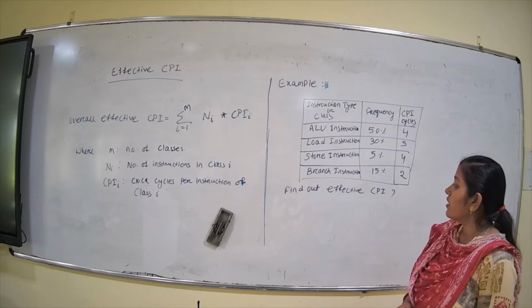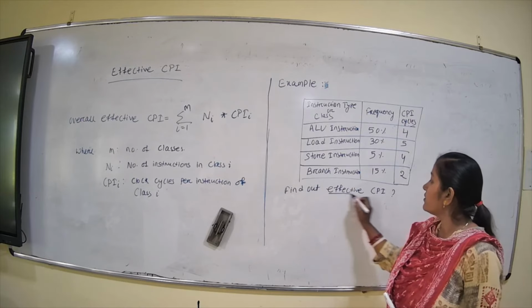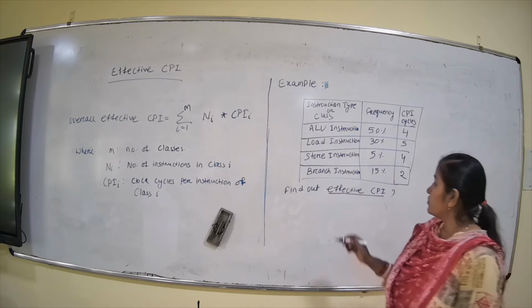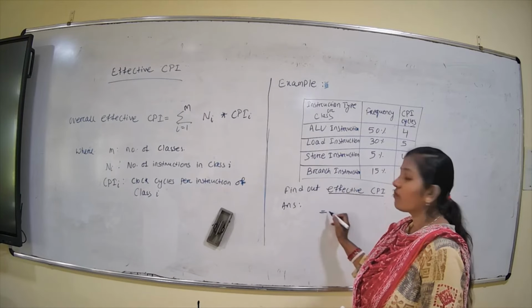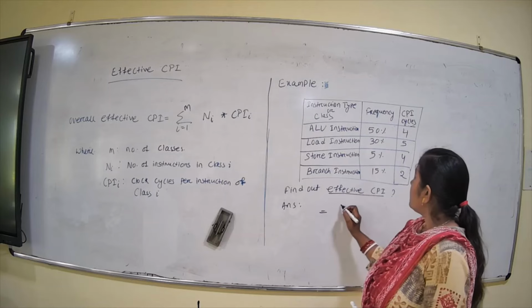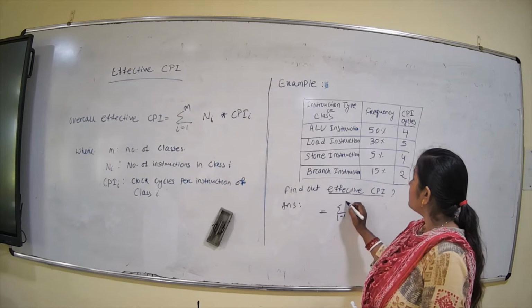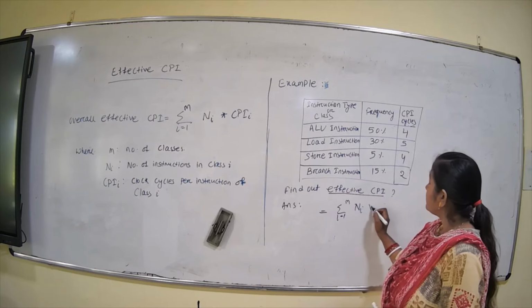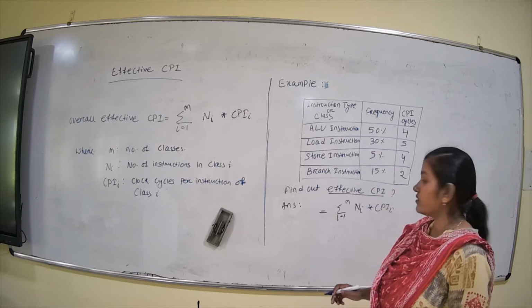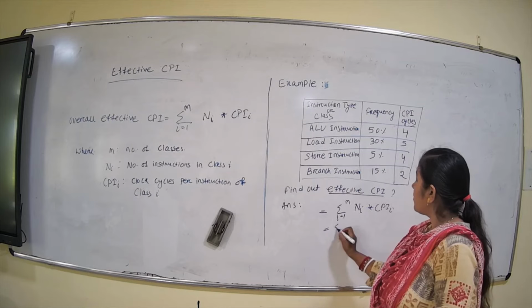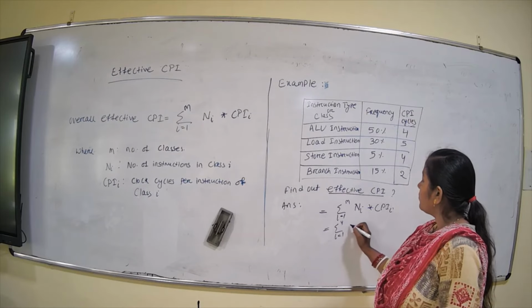Now we will see how to calculate effective CPI. Effective CPI is equal to the sum of i equals 1 to n of Ni into CPI i. How many classes? 4 classes. So that means the sum of i equals 1 to 4.